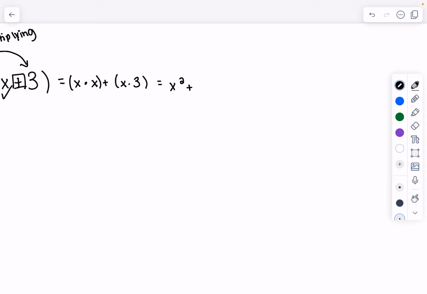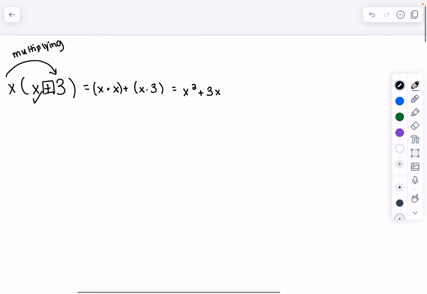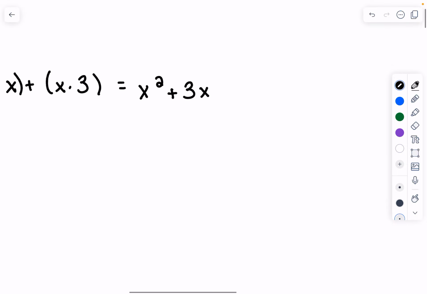And now we have 3 times x. So it's not like x times x where we have a like term that we're collecting it within. We just have 3 times x. So picture x as like a chocolate bar or an apple. If you have one of them multiplied by 3, now you just have 3 apples, 3 chocolate bars. Okay, so you're just left with x squared plus 3x. It seems silly because does this feel solved?